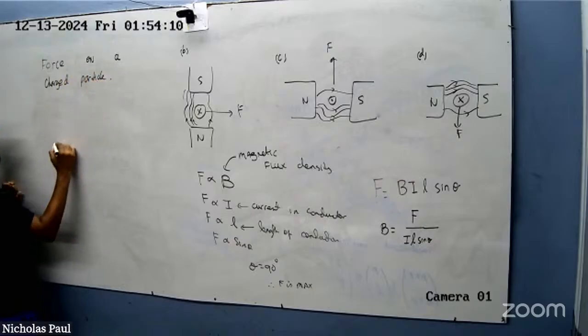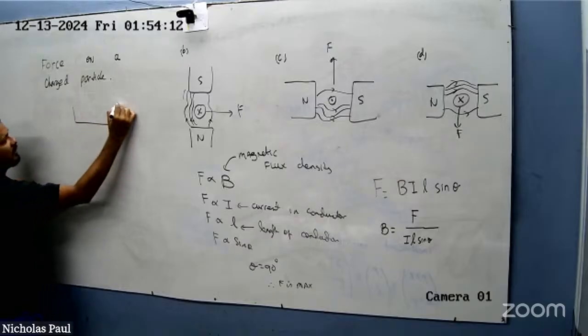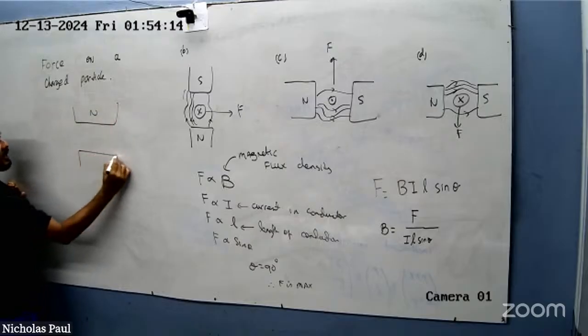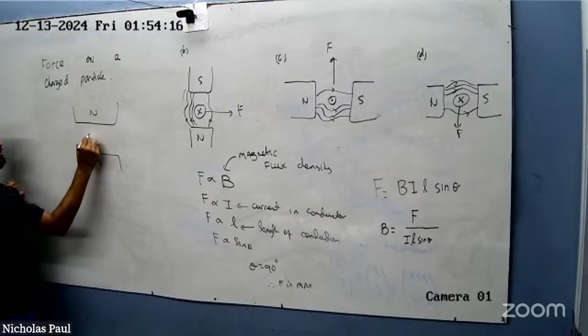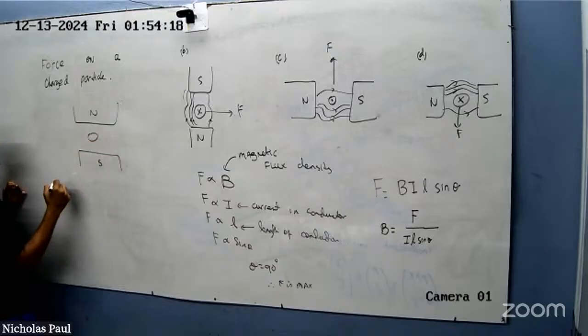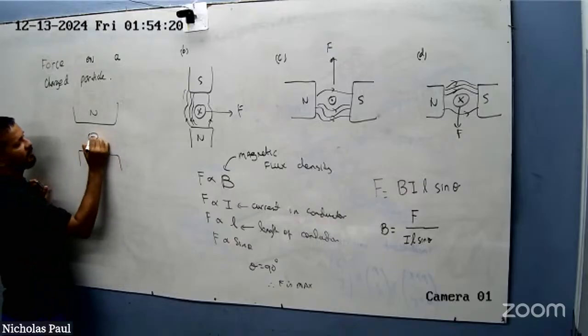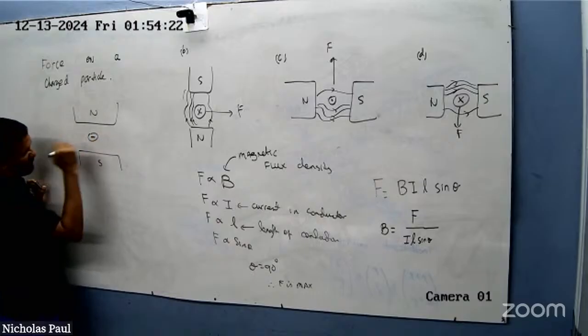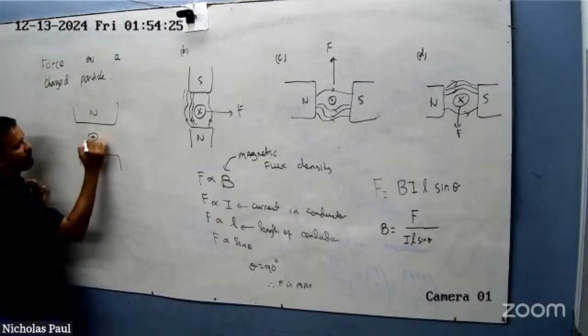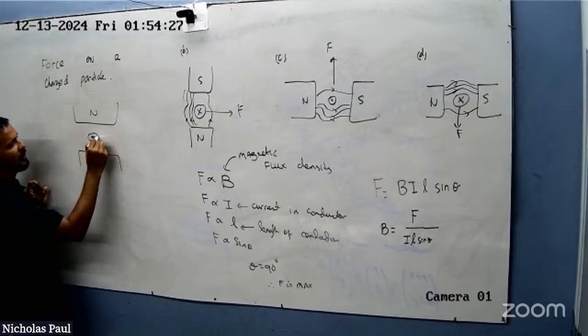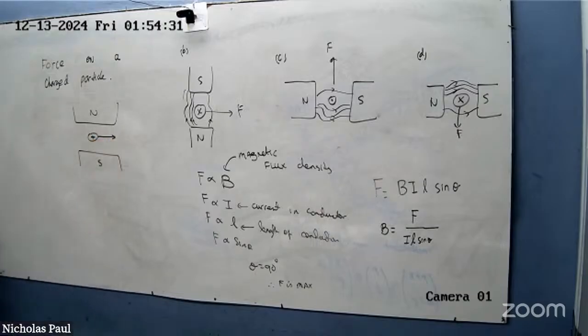Right? So I have a magnetic field, I have north, and I have south, and I have a negative charge. Actually, let's make it positive. A positive charge going this way. What do you think will happen to that positive charge? Anything at all?